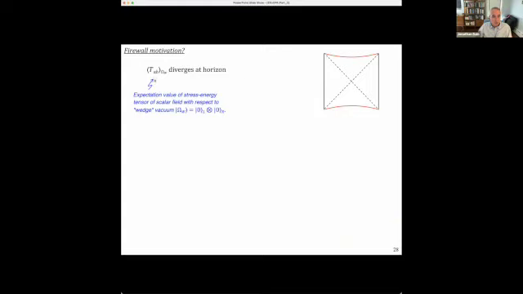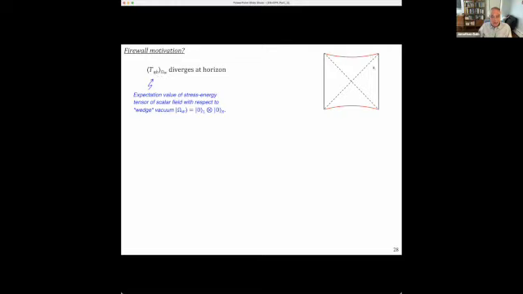It turns out if you take the expectation value of the stress energy tensor of a scalar field in a black hole spacetime, with respect to the wedge vacuum, the vacuum that's associated with the wedge representation of the canonical commutations of your field, in the Minkowski context, this was called the Fulling representation, then you can show that this expectation value diverges at the horizon.